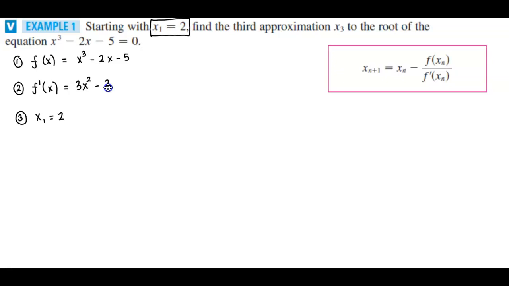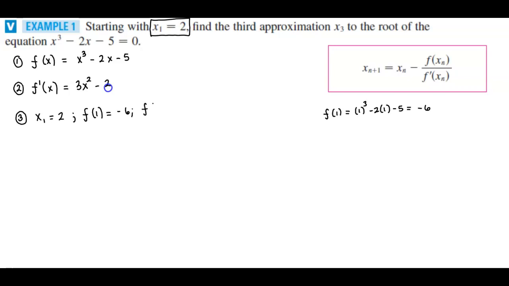So if we find f of 1, that's going to equal 1 cubed minus 2 times 1 minus 5, and that's equal to negative 6. So that's going to be negative 6.